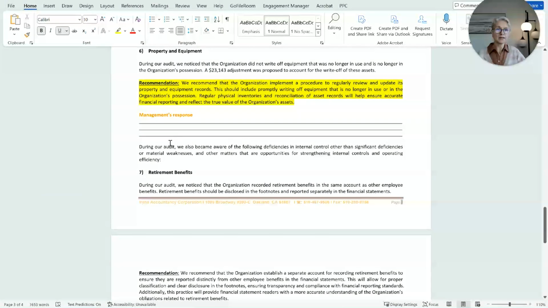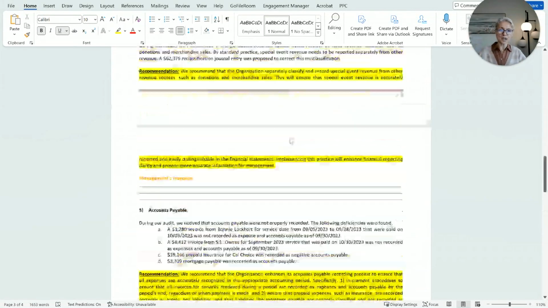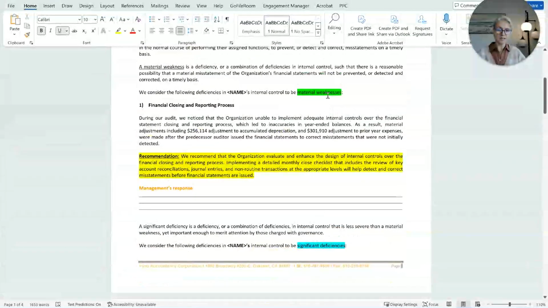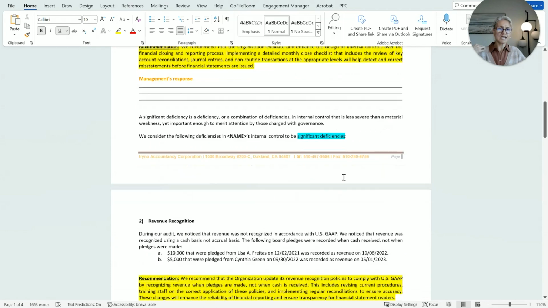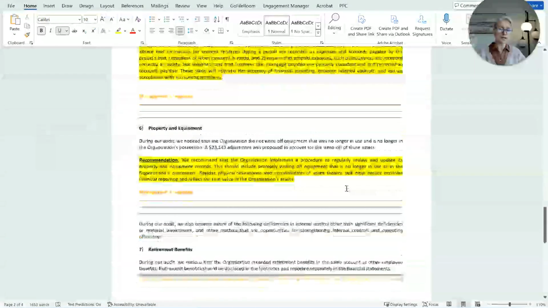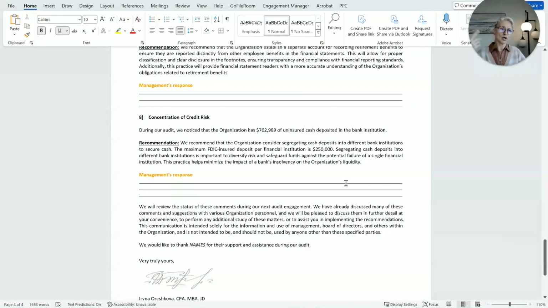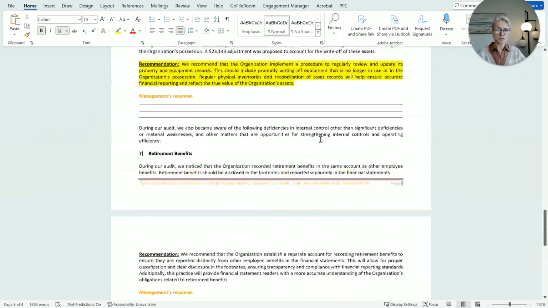Now lastly, we did talk about material weakness and significant deficiency, and lastly we're saying we also found some other deficiencies which are not significant and not material, but we want to bring them to your attention because they're good for improving internal controls and operating efficiency.